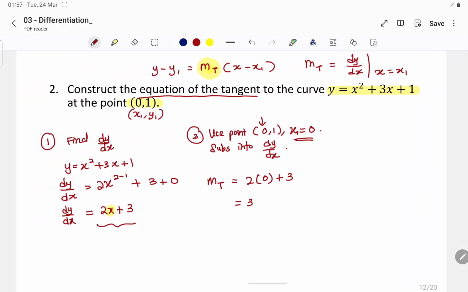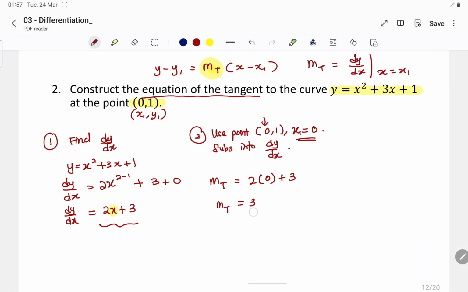So this is your mt. Now we just got the value of mt. For our final answer, they don't want the gradient of the tangent, they want the equation of the tangent. So what you have to do is substitute inside the formula that we have on top here, which is y minus y1 equal to mt times (x minus x1).